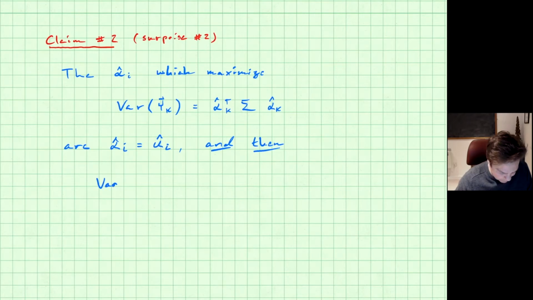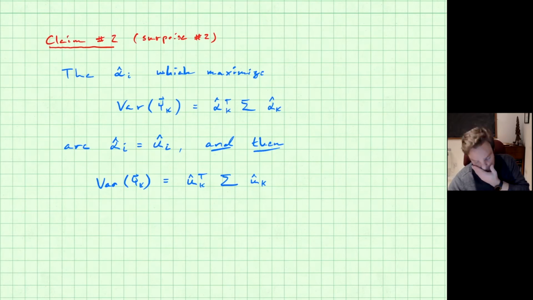Okay, and what are those variances? Well, we can calculate them really quickly right here. What does the variance of y_k look like if that's true, which it is true, and we'll show it. Well, okay, so you put in the u's. The variance of y_k is u hat k transpose times sigma times u hat k, right? So that's just calling the alphas u.